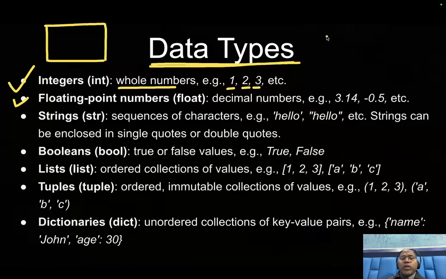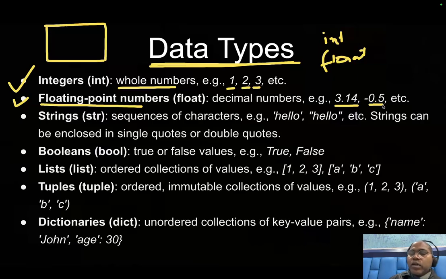In math we have also learned the decimal number. In a programming language you call it a floating point number, that is, float. Floats are numbers like 3.12 or minus 0.5. All of these are known as floating point or decimal numbers.